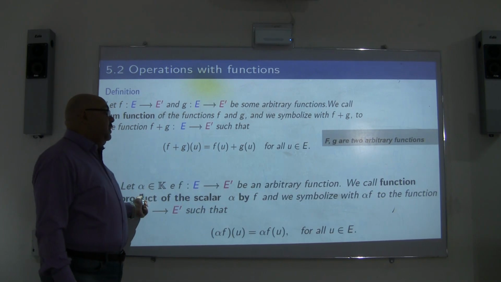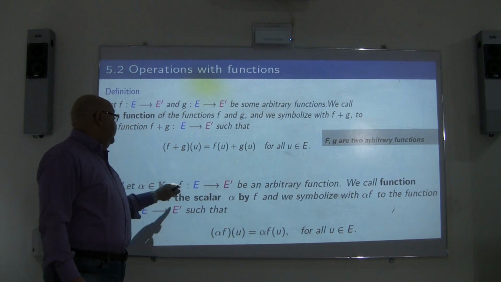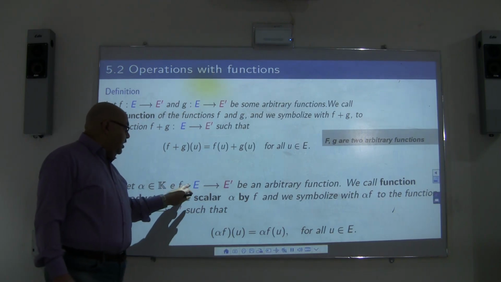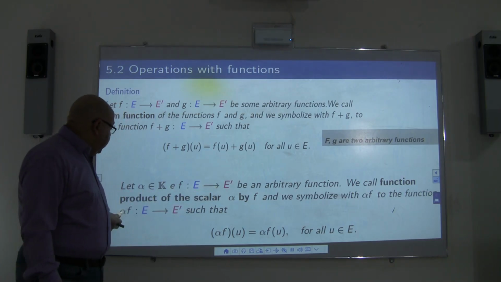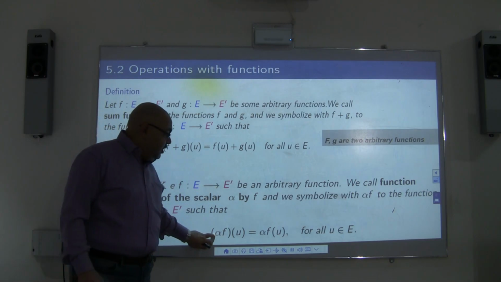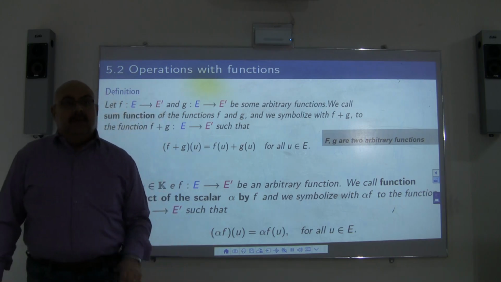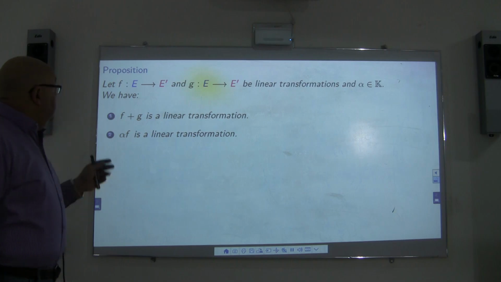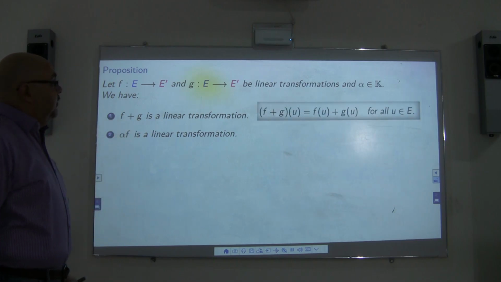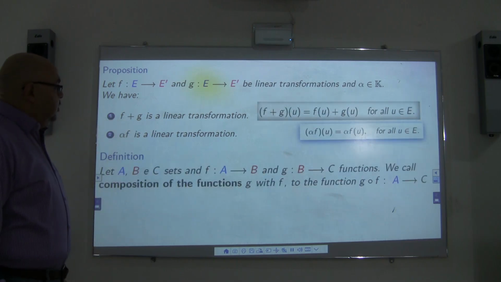Also, the multiplication by scalar. So if I have F which maps E into E dash, also by multiplying alpha F, it's going to also preserve the property of the multiplication by scalar, or the homogeneity. Okay, perfect. So linear transformation is preserved through these two operations, addition and multiplication by scalar.